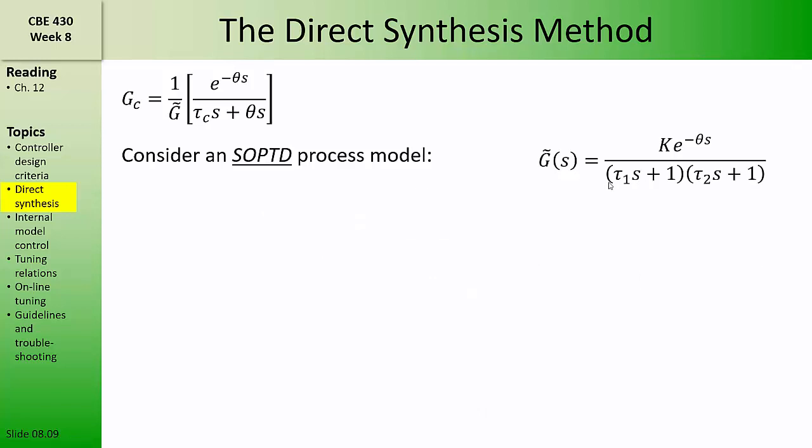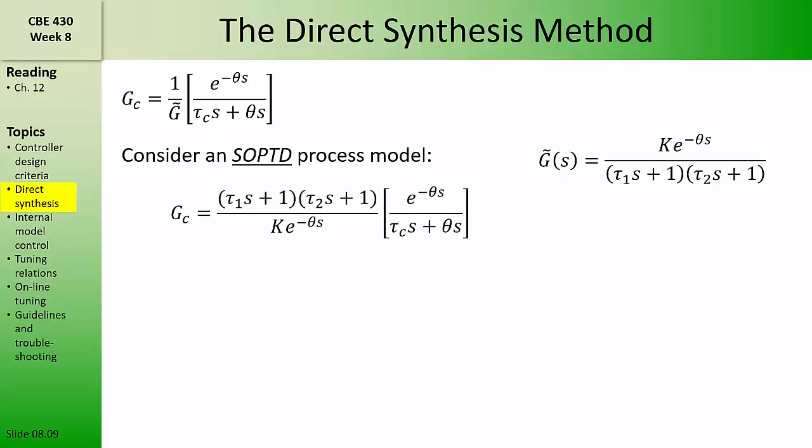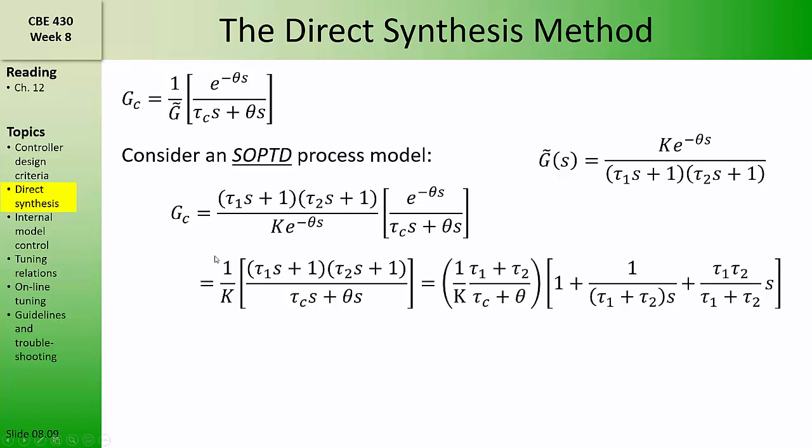Next, let's consider a process model G tilde that's SOPTD. If we have an SOPTD model for G tilde, we can substitute its reciprocal into our design equation for the direct synthesis method. Again, with a little bit of algebra, we can show that our controller transfer function contains a constant term, a term multiplied by 1 over s, and a term multiplied by s.